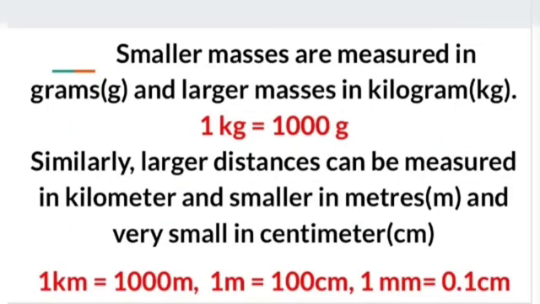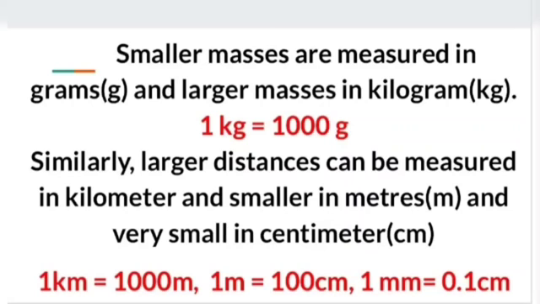Students, remember one thing. Smaller masses are measured in grams and larger masses in kilogram. And in 1 kilogram there are 1000 grams. 1 kilogram is equal to 1000 grams. Similarly, larger distances can be measured in kilometer and smaller in meter and very small in centimeter.